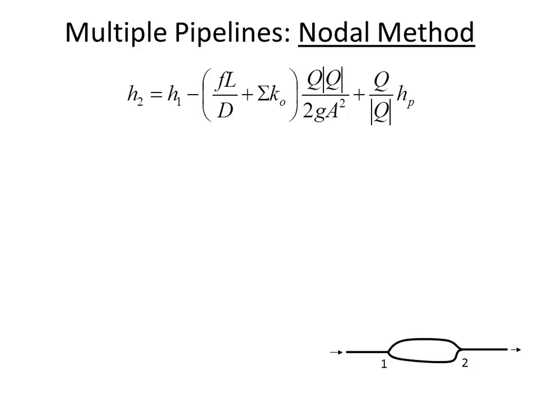So what we've got is H1 plus HP is equal to H2 plus fLV squared divided by D2g. So we're getting closer. Oh, also there's a term here for local losses. So this is the friction loss term, h sub f. There's also a local loss term, KV squared divided by 2g.